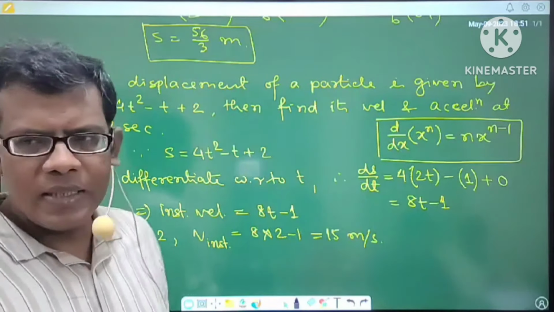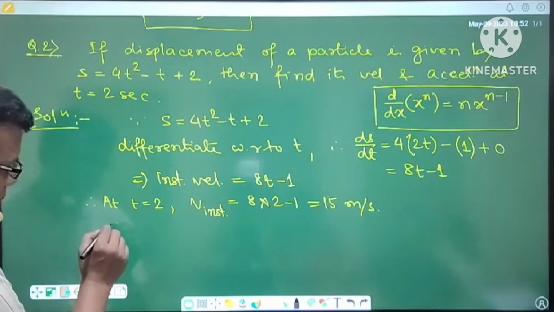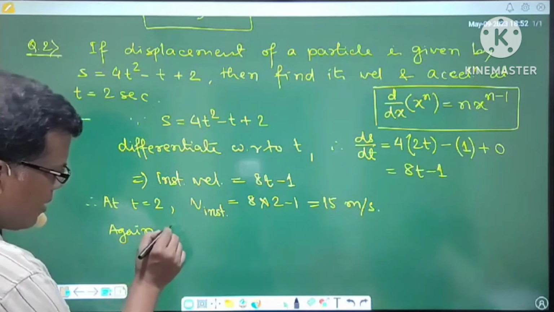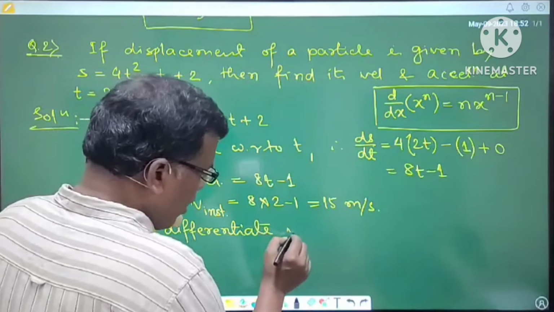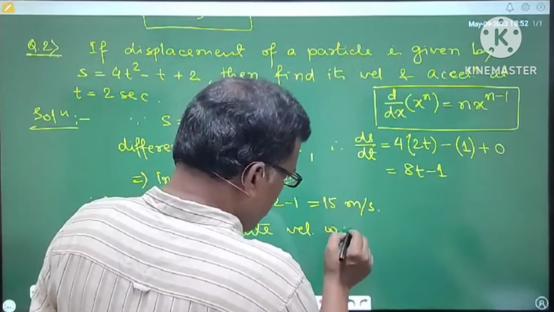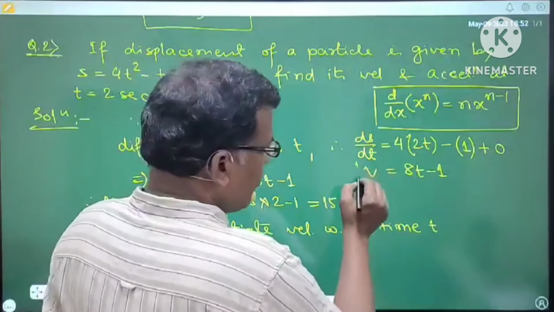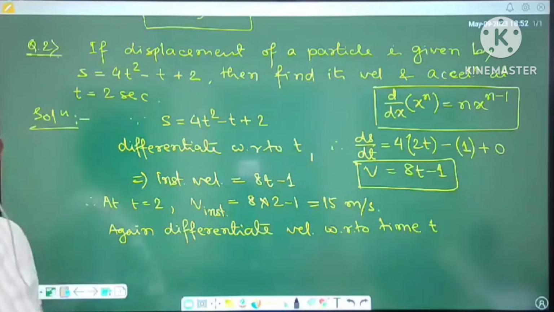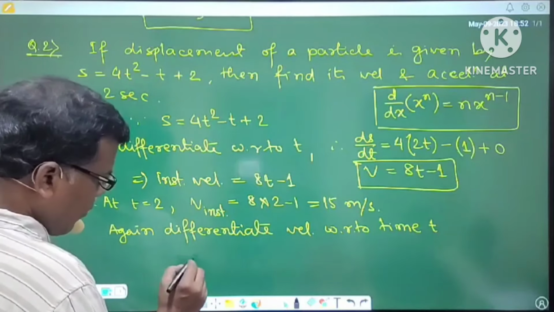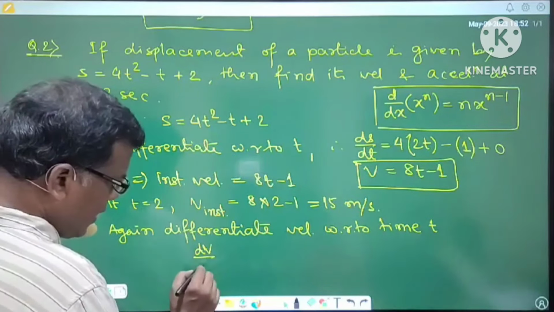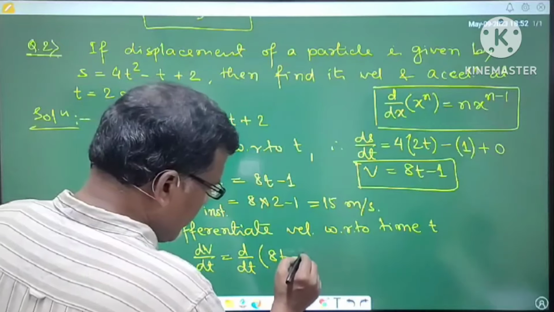Now to know the acceleration at that same instant, that is at 2 seconds, what we have to do now is again differentiate velocity with respect to time t. That means the velocity time relation, this v-t relation that came, we have to differentiate it. So there will be a constant. So differentiate this, then it becomes dv by dt, dv by dt means d by dt of the RHS expression, that is 8t minus 1.